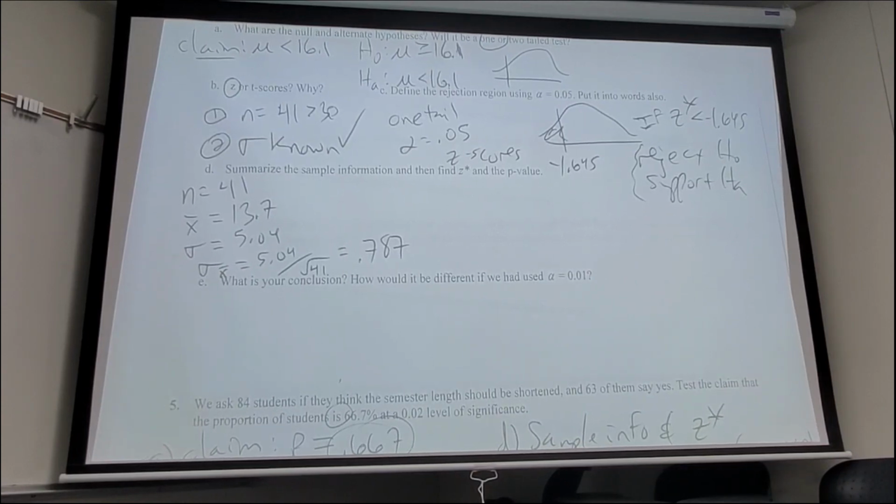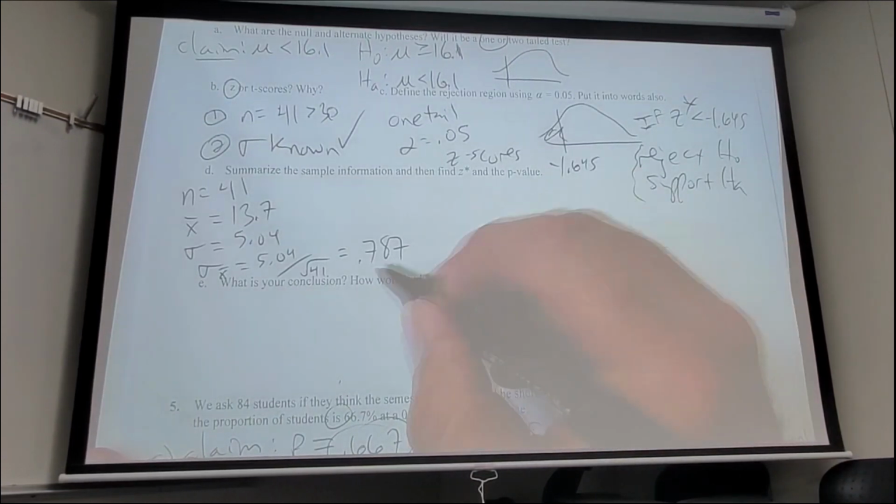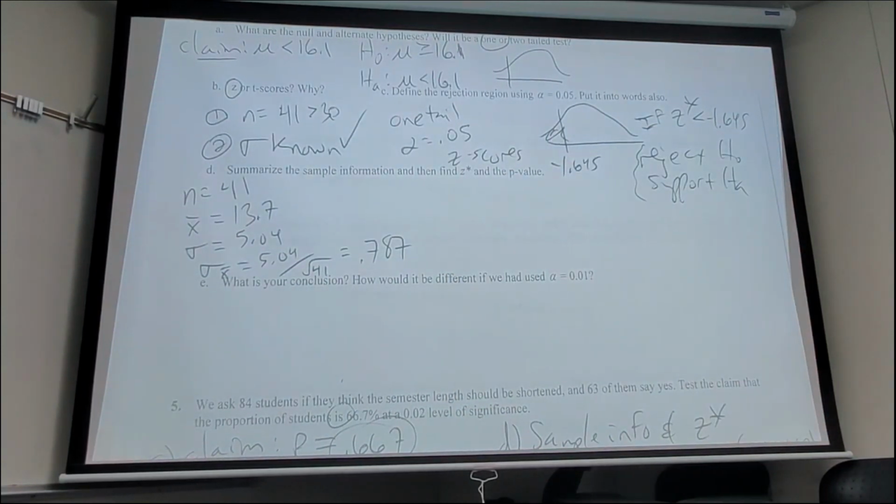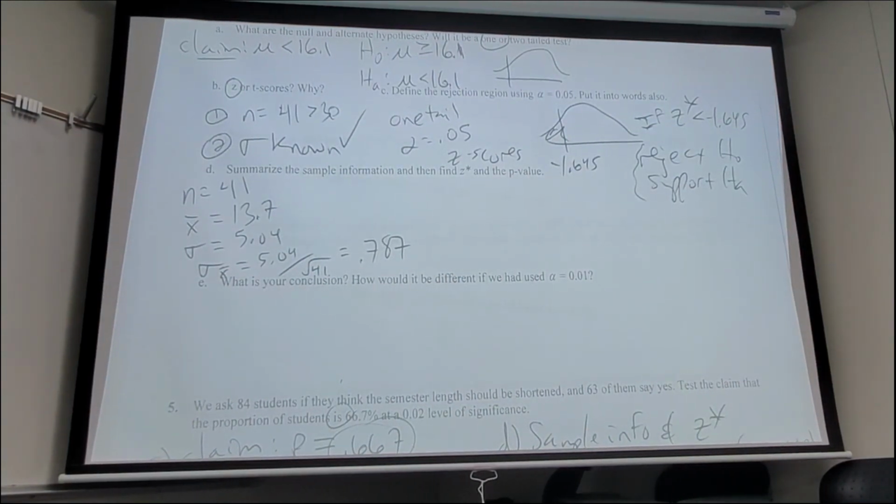So yeah, you can use more decimal places than that. That's beautiful, but at least 3. So go ahead and do the z star. Figure it out. We've got everything we need.